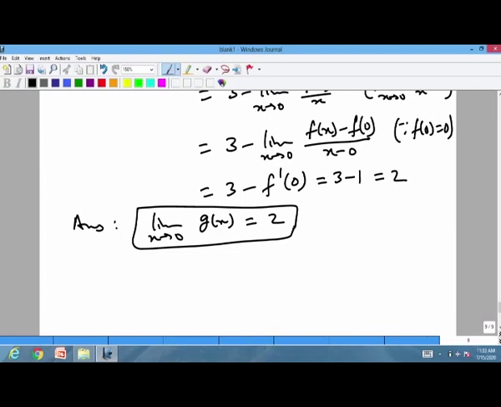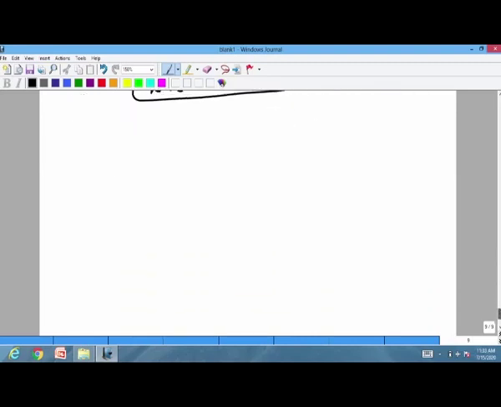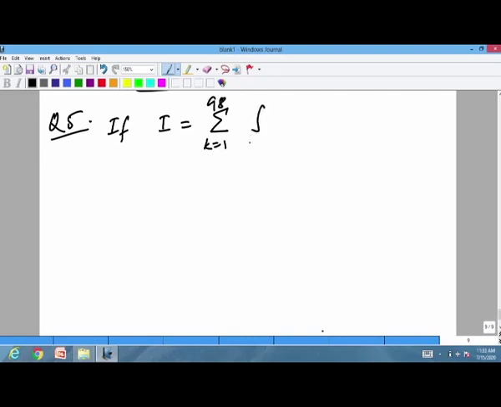Let us move to problem number 5, which is slightly different from what we have done so far. Here we are given I is equal to the summation of k equal to 1 to 98 of the integral from k to k plus 1 of (k plus 1) by x times (x plus 1) dx.